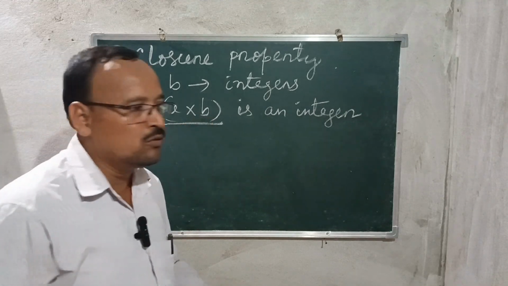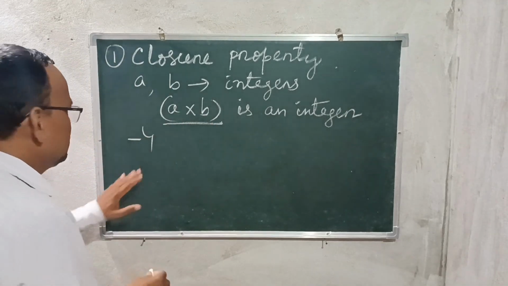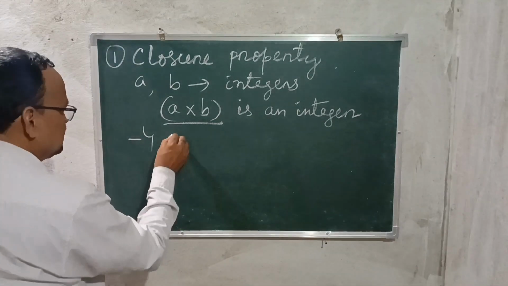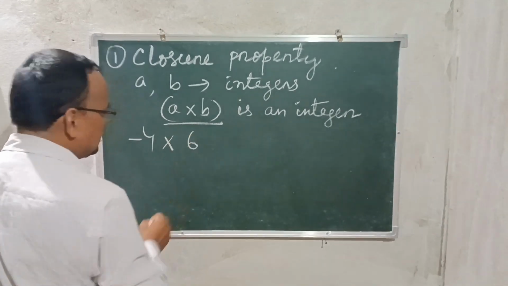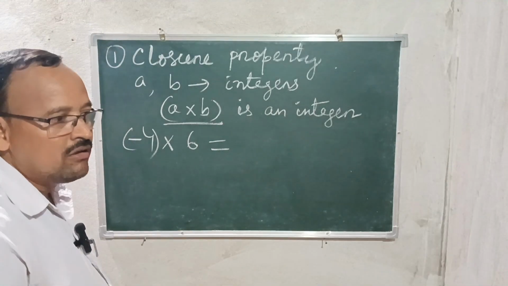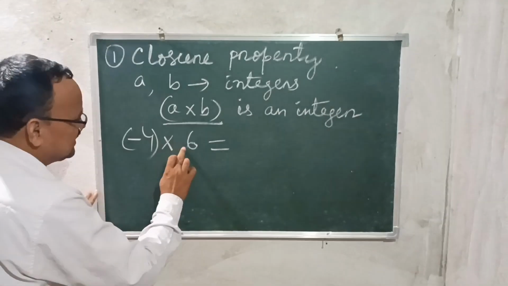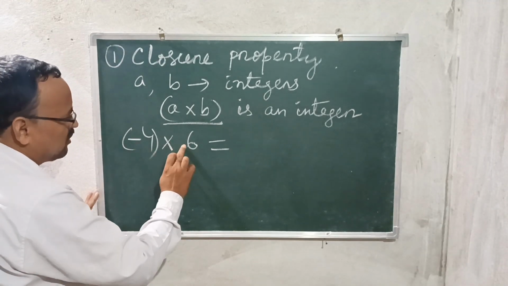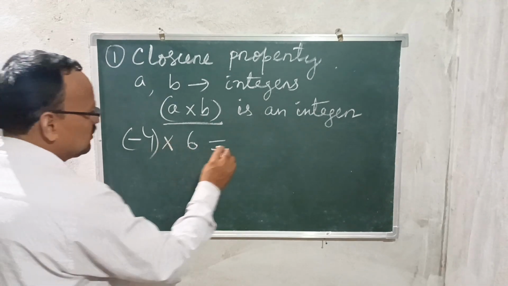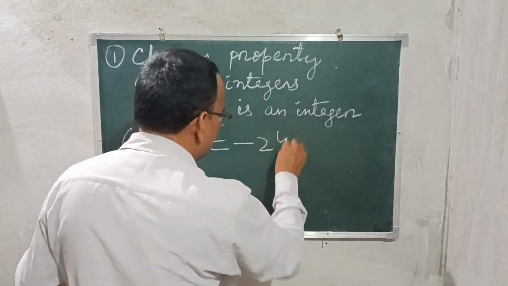Let us take an example. Suppose -4 is an integer, and 6 is also an integer. -4 into 6: minus into plus is minus, and 4 sixes are 24.